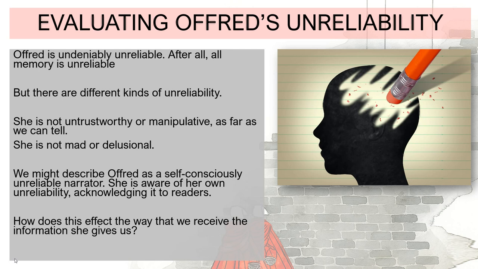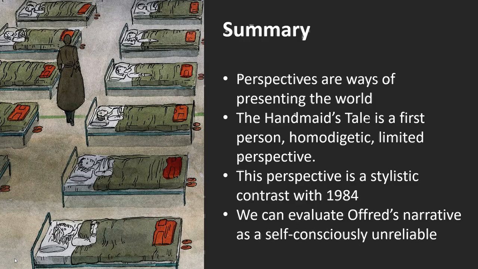She's a narrator who acknowledges and affirms her own unreliability. And that does affect the way that we take information that's given from her. We, on the whole, trust Offred, although as we trust her, we understand that her own version of events is inherently flawed or inherently imperfect, but we're prepared, I think, to accept that about her.